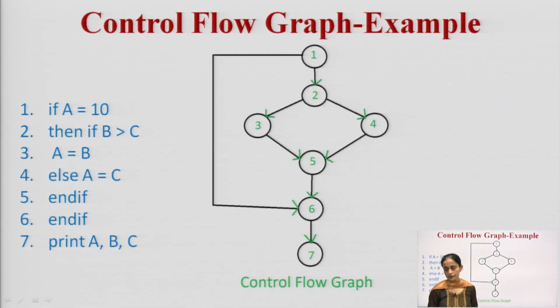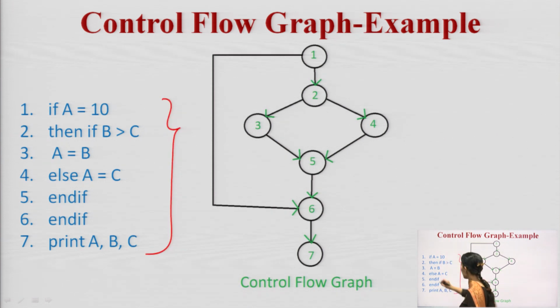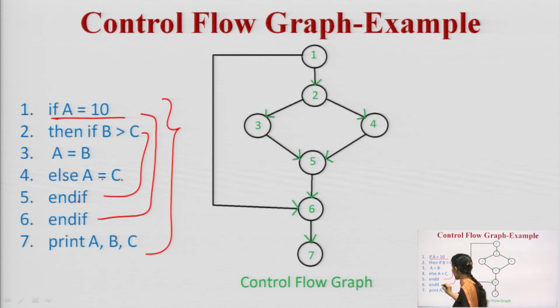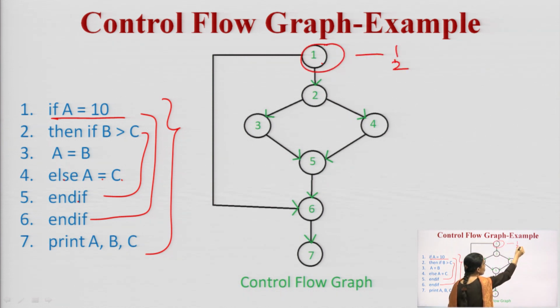I will take one example. Suppose this is the code written in my program. If A is 10, then if B is equal to C, then A is equal to B, else A is C, and this is the outer if loop end, and then I am going to print ABC. Now, suppose I have to draw the CFG for that. As I said, at 1 I am taking a decision, either I will go from 1 to 2 or from 1 to 6.